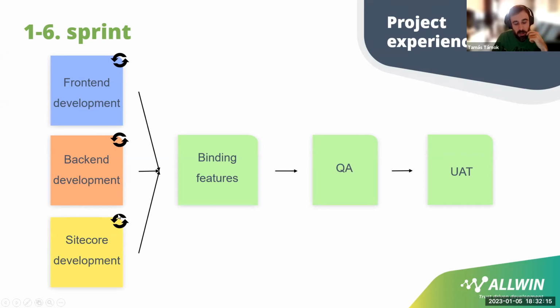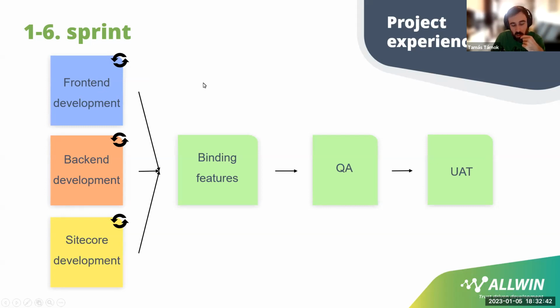So what was happening is, in parallel, every technical team was working on their own features and implementation. And at the end, we just had to switch some configuration to use real data instead of the mock data on the front end.